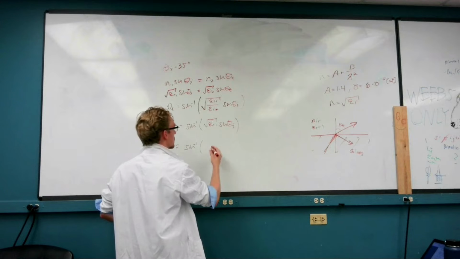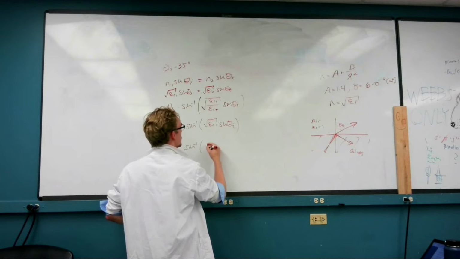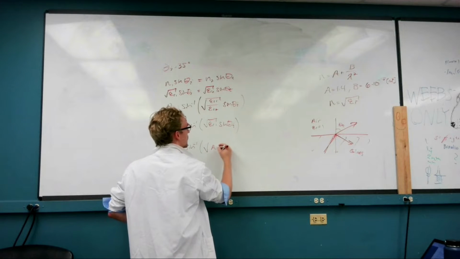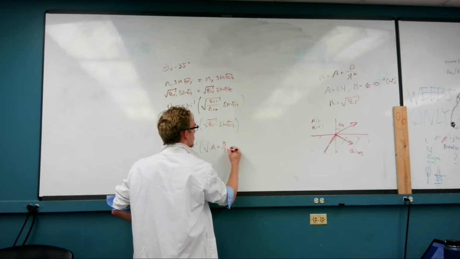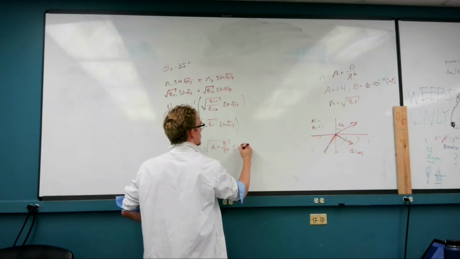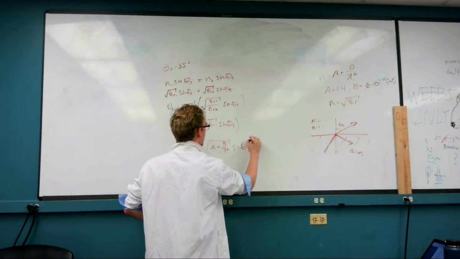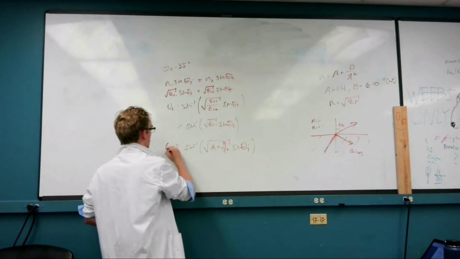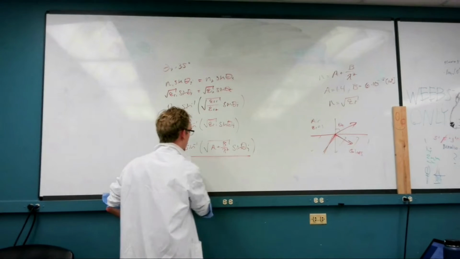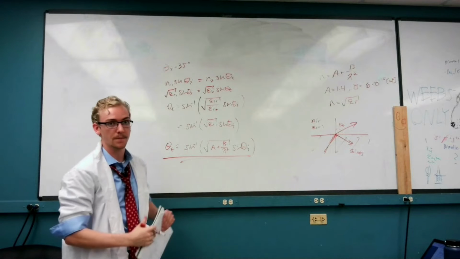So that's just Cauchy's equation, square root of a plus b over lambda squared, times the sine of theta I. And we have essentially just formulated our theta t as a function.